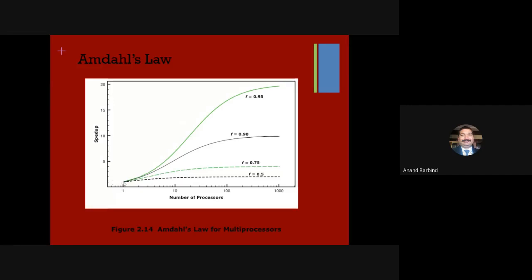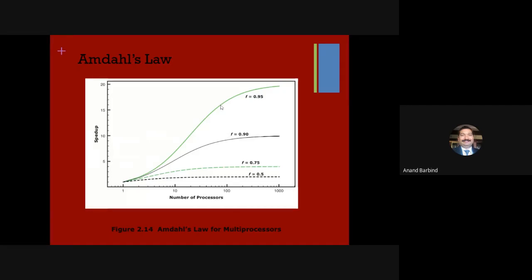Now if you are using 10 processors, then as per the first curve, your speed increases by approximately 5 times. So even if you are using 10 processors, your speed is not increased 10 times, it has increased 5 times. If you are using 100 processors, then how much is your speed increase?